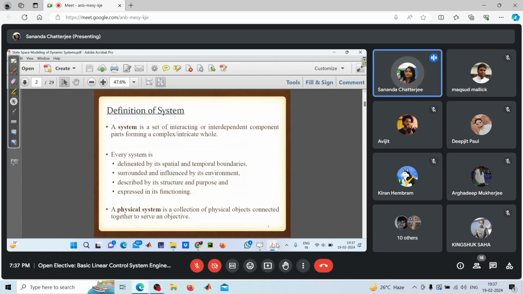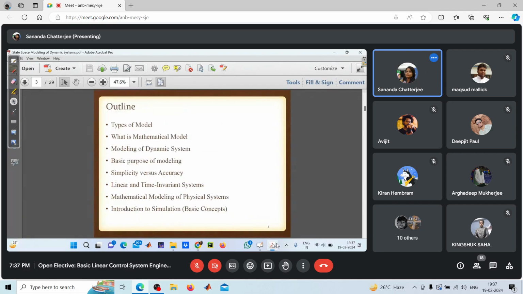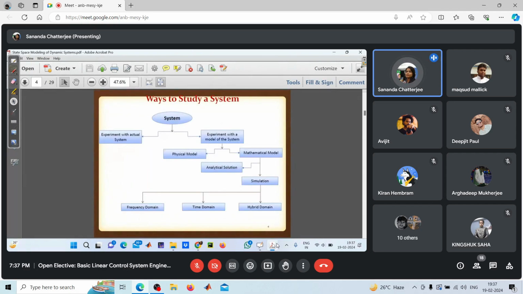So in the last class we have discussed the definition of a system, and why we are trying to model a system. Now let us focus on this. From this, it will be clear why we are so much into mathematically modeling a system. We can experiment directly with the actual system.